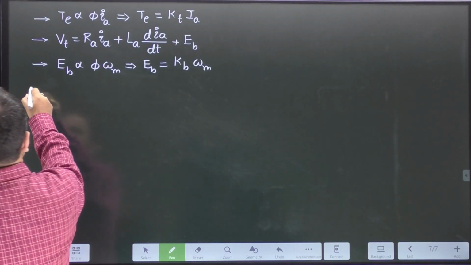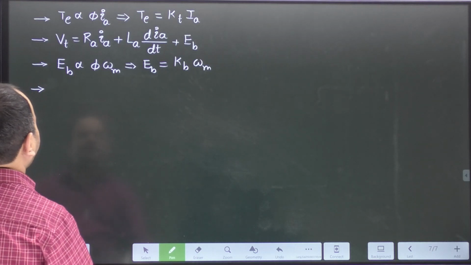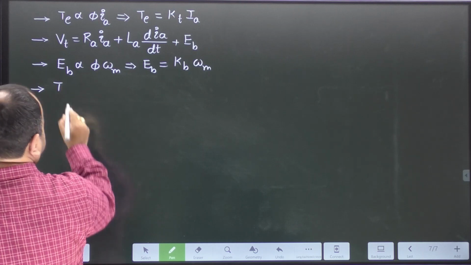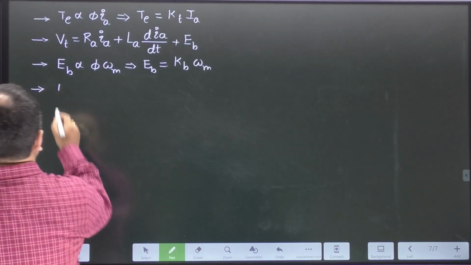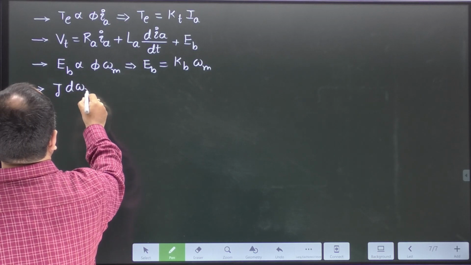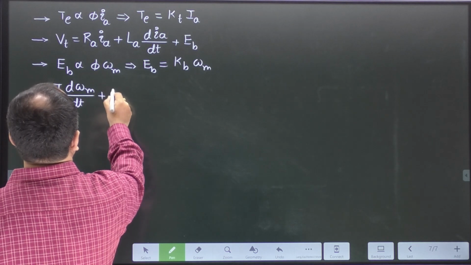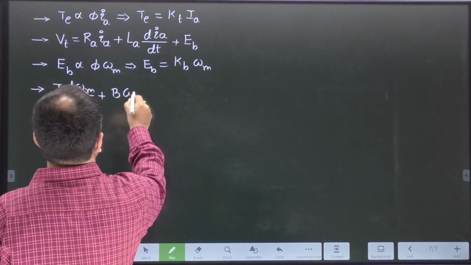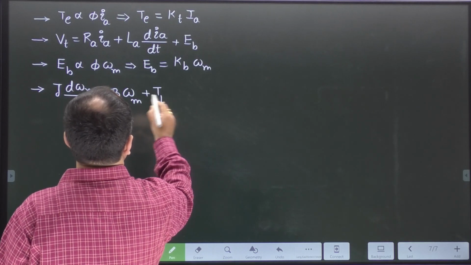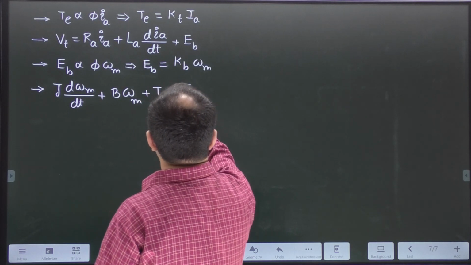Next, the electromechanical equation of a DC motor can be expressed as J into d omega m by dt plus B into omega m plus load torque is equal to TE.